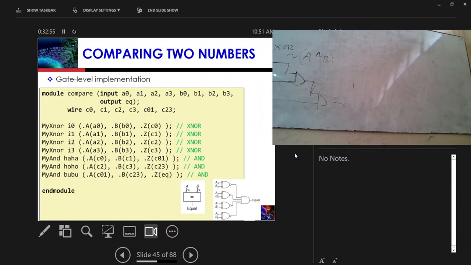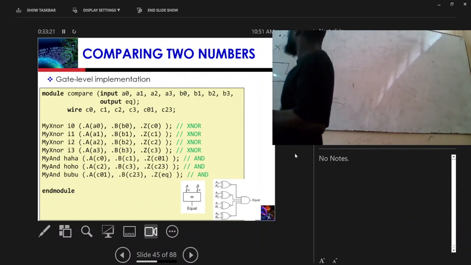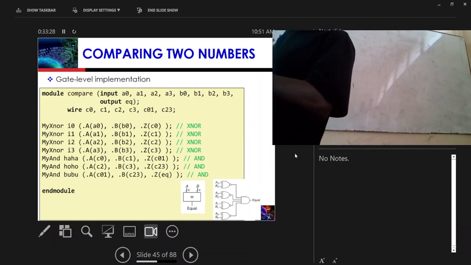So here, what I'll do is that now we have 4 XNOR gates. 1, 2, 3, 4. So they are all here. And then we name them I0 to I3. That easy, right? And then you can see that we connect. You guys understand? If I do .A(A0), what does it mean?